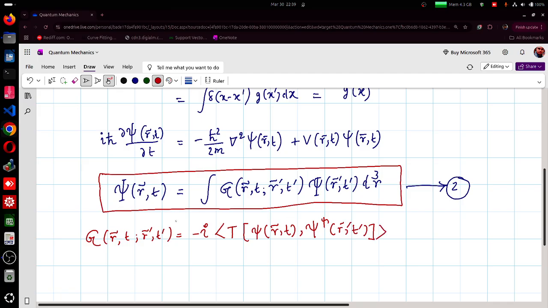Now you might get confused about what psi and psi dagger are. These are nothing but the field operators, the annihilation and creation operators, right?